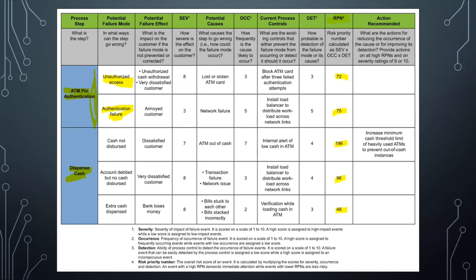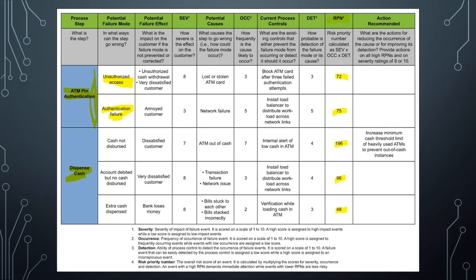So if you are looking at this list of potential risks, everything that could go wrong with a cash withdrawal from an ATM, you wouldn't want to start down here with a lower risk of 48. You would want to say, what is the highest number? What's the highest risk in this chart? What's the highest risk that we can think of?